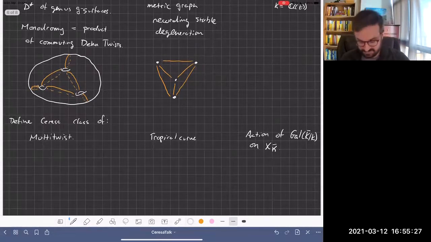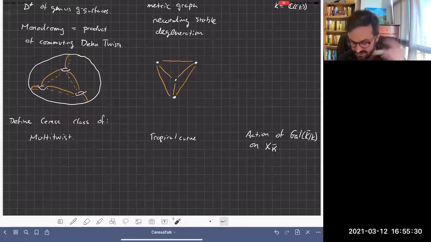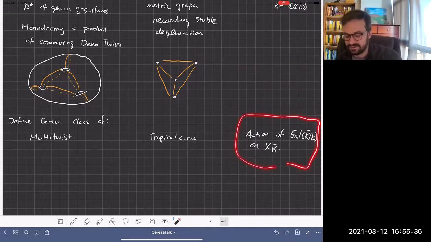Right, so the motivation for this was an observation that this L-adic Ceresa class from before only really depends on this data here.